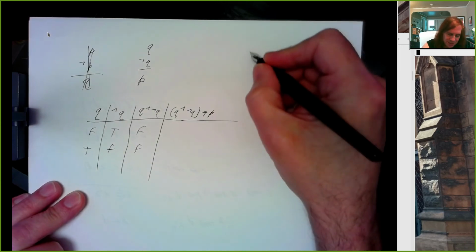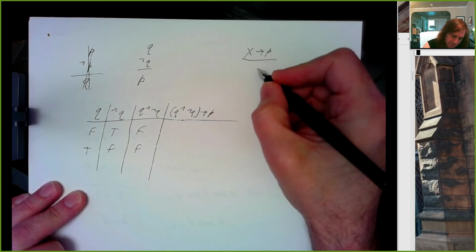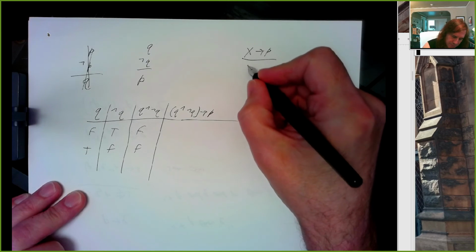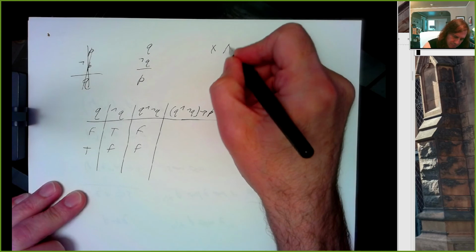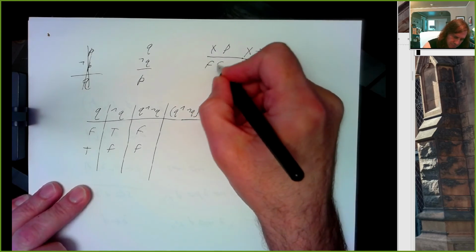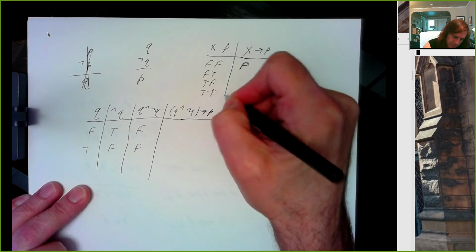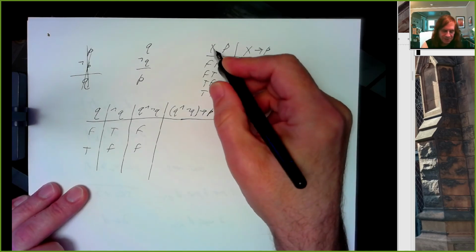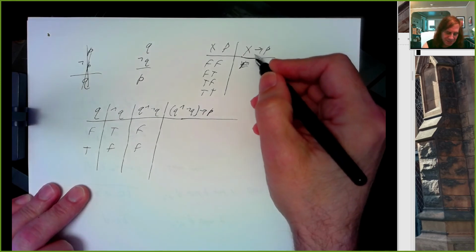Well, look at the implication table. So we're looking at values for x and p, and we're looking at the value of if x then p.